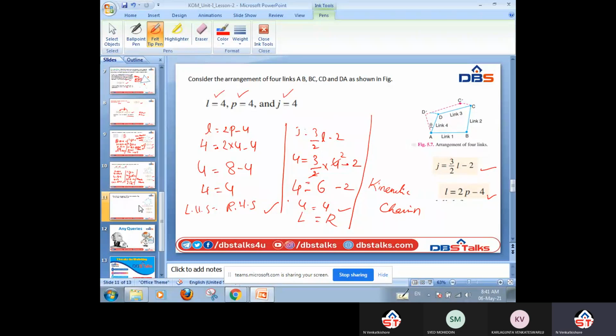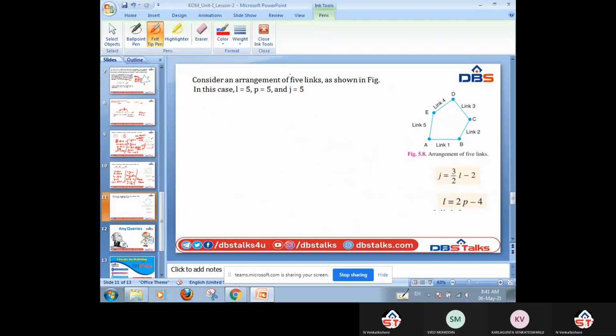Let us consider one more problem. In the diagram, we have 5 links. How many pairs? Pairs also 5. How many joints? J also 5. Then solve the problem. L is equal to 2P minus 4.